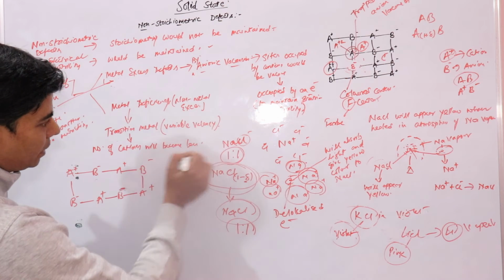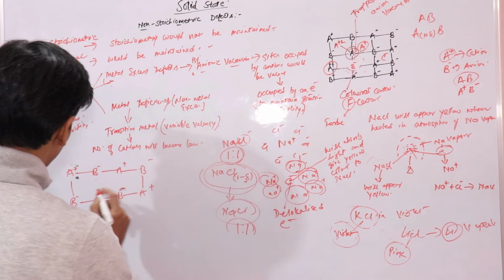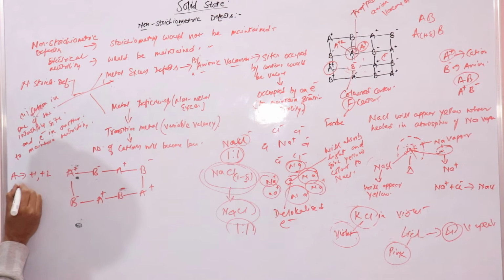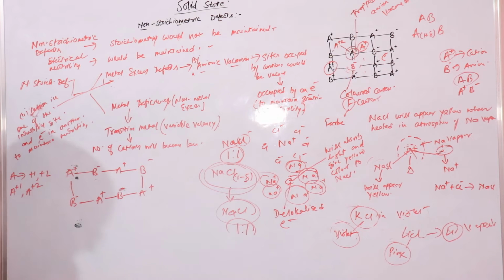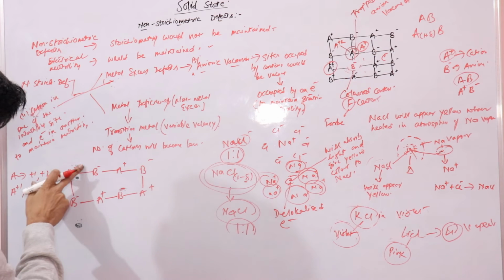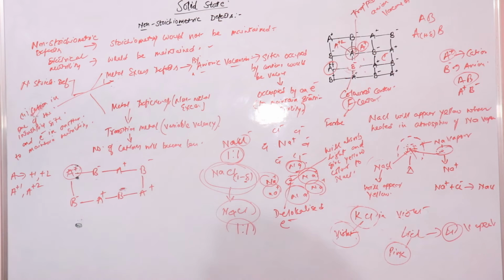Now we say this is shown by those compounds that show variable valency, right? Now suppose this A shows variable valency of +1 and +2. So it will exist as A+1 and A+2, right? Now suppose one of the lattice sites is taken over by A+2, right?